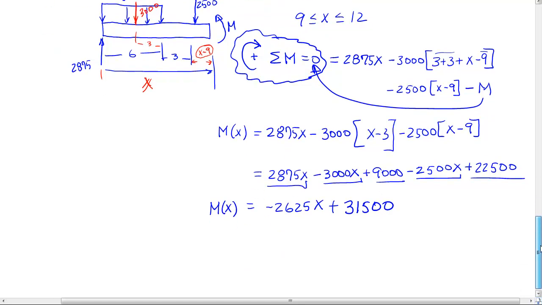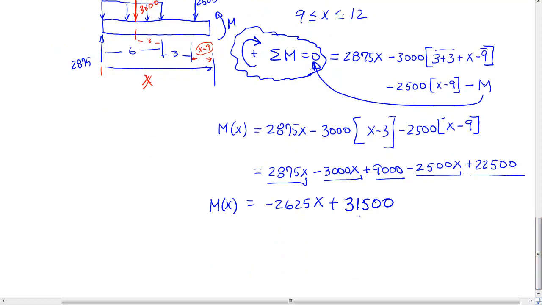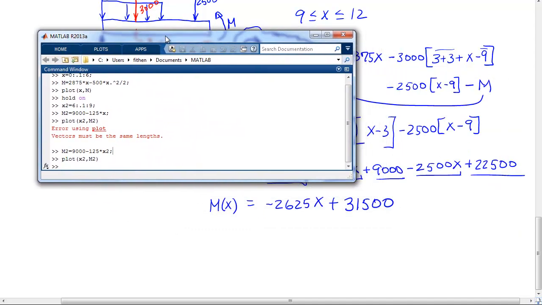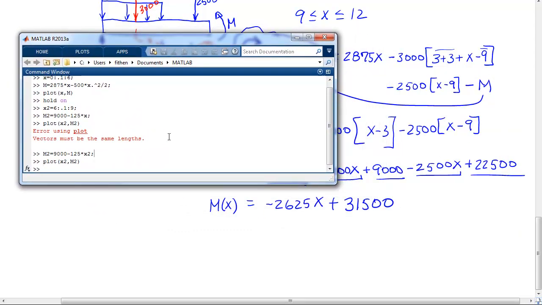Now let's go ahead and pick this up, see if we can resolve this in our trusty MATLAB code. Now I'm in region 3, so I'll say x region 3 is equal to, region 3 went from 9 to 12.